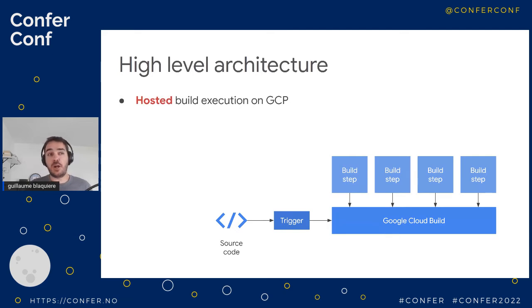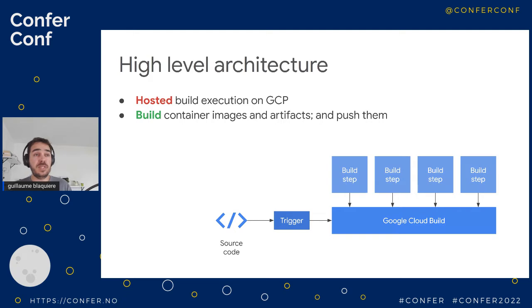One of the key things is that it is hosted by Google Cloud. As I said, it's serverless, fully hosted by Google Cloud. You can build your container images and your artifacts and push them somewhere. On Google Cloud, you have Artifact Registry to store all your artifacts.